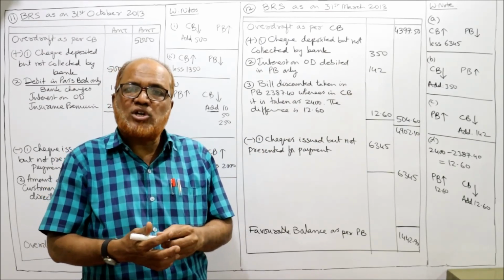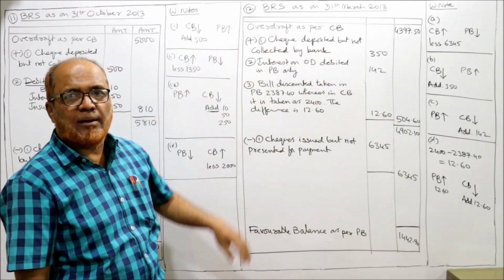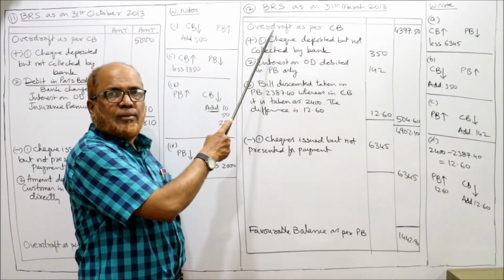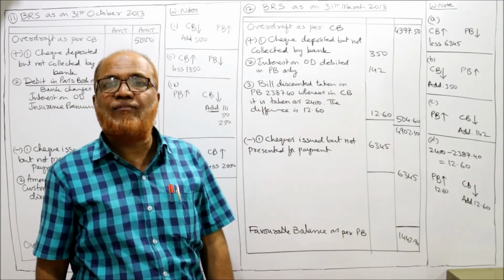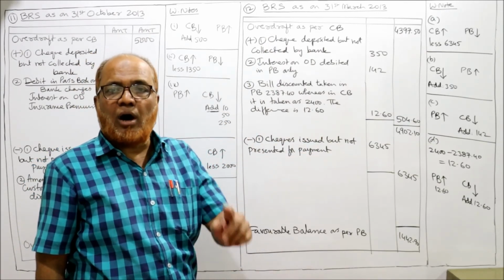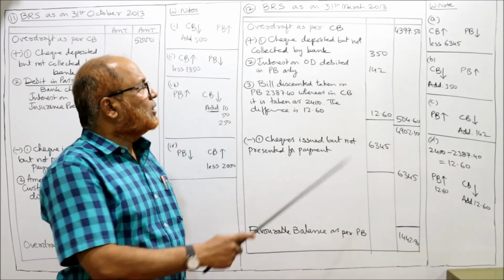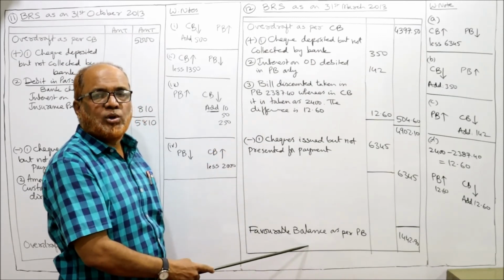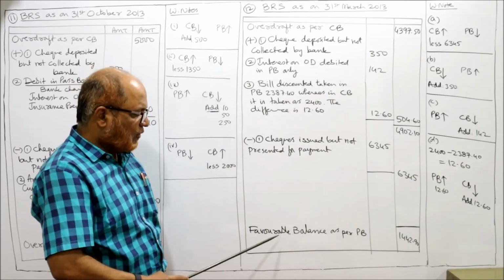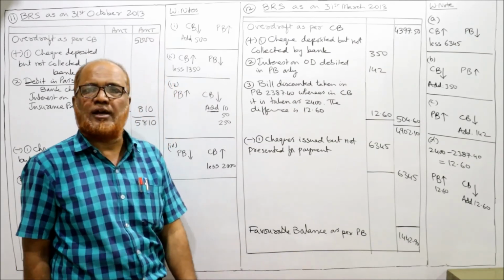Whatever is the opening balance, the starting point we have taken, in the starting point what we have taken? Overdraft. So what is the opposite of overdraft? Favorable balance. So we are having starting point overdraft, but passbook is showing favorable balance. So favorable balance as per passbook is 1442.9.